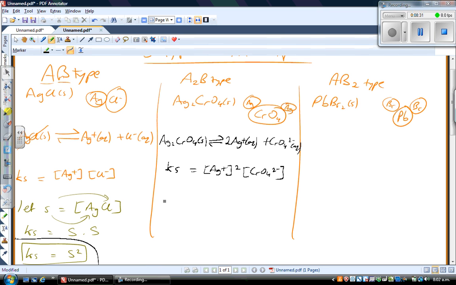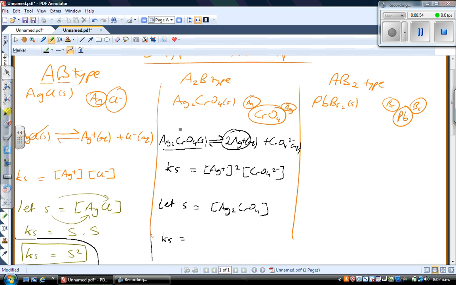Using the same concept as before, in this case we're letting S equal the solubility of the starting solid, silver chromate. Therefore the Ks expression reads the concentration of Ag+. Now you get 2 Ag+ ions for every 1 mole of silver chromate.